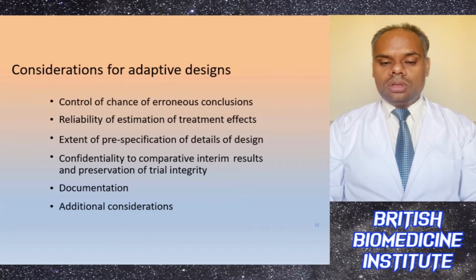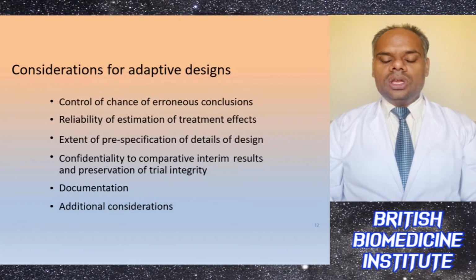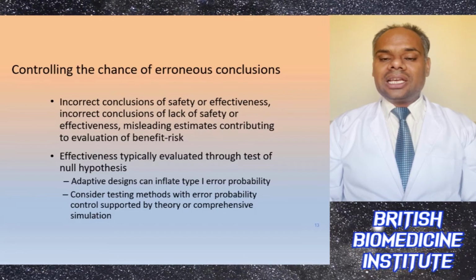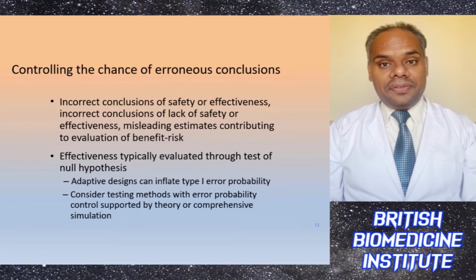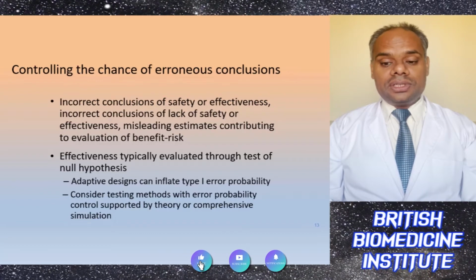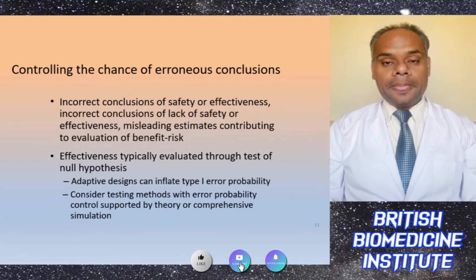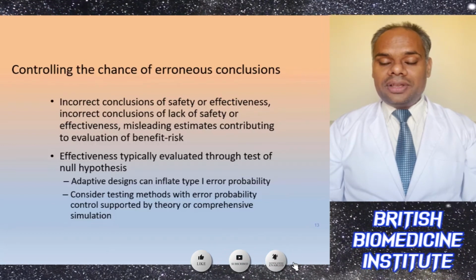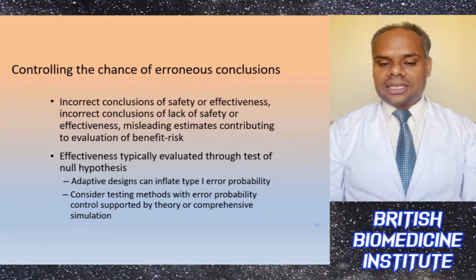So controlling the chance of erroneous conclusions means avoiding an incorrect conclusion of safety and efficacy, or an incorrect conclusion of lack of safety or effectiveness, or a misleading estimate which contributes to evaluation of the benefit-risk ratio.